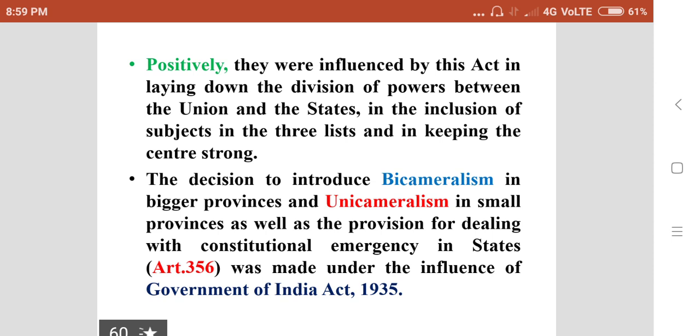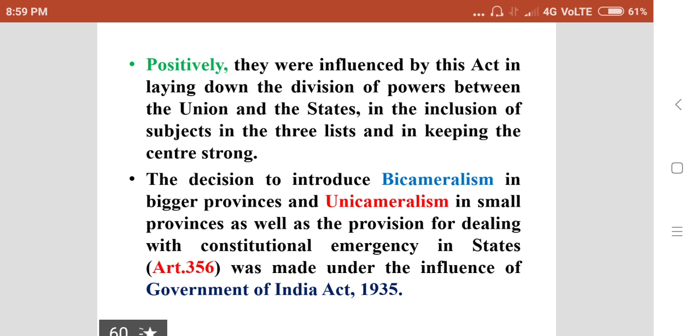For example, the Indian legislature consists of two houses, Rajya Sabha, the upper house, and Lok Sabha, the lower house. So where these two chambers are there in the legislature, that is a bicameral system. Where there is only one house in the legislature, it is known as unicameralism.